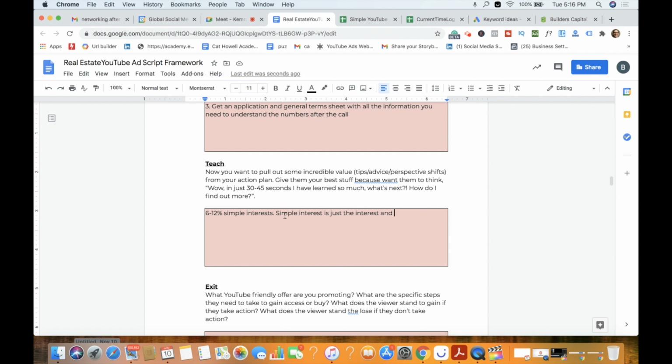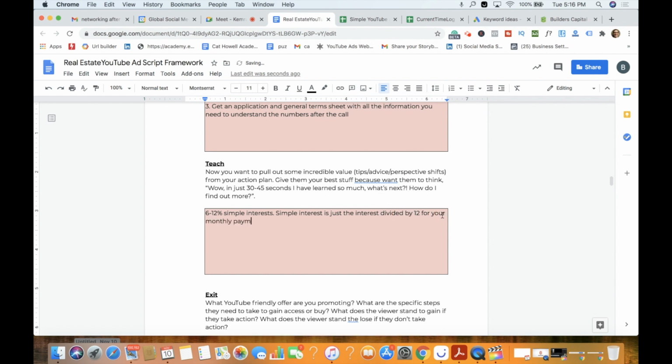So simple interest is just the interest divided by 12. Yeah, you take your interest with your loan amount.